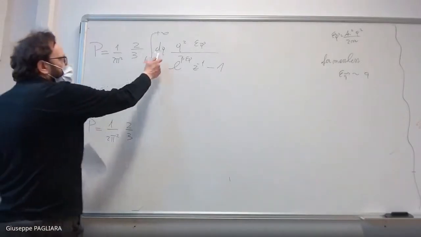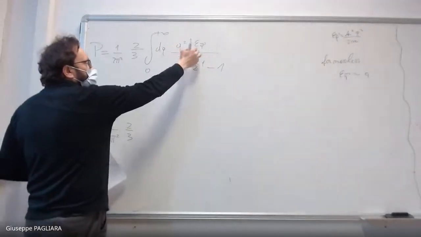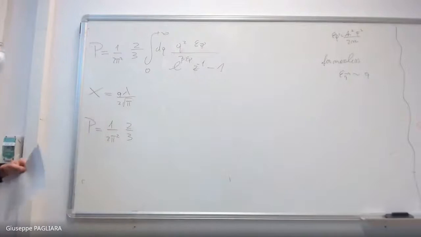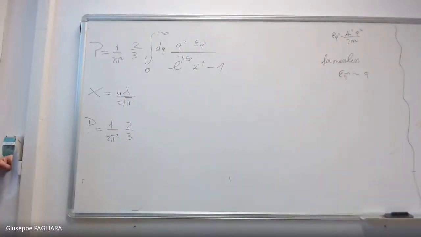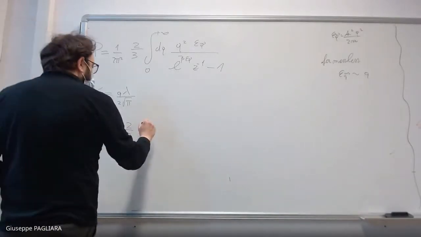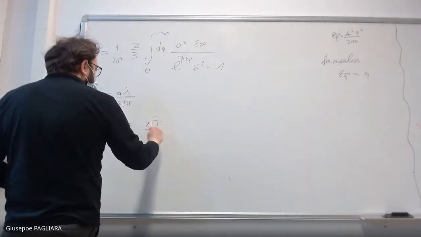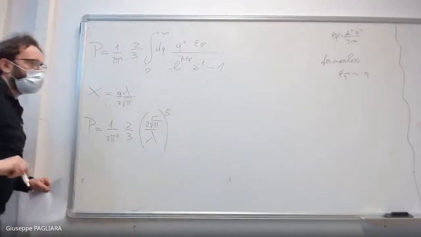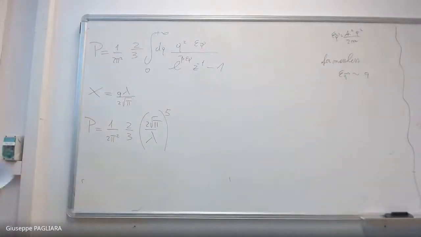Here you have one q, two other q, and then epsilon q, I have two more q, which is in total a power of 5. And when changing variable, I should get this 2 square root of pi divided by lambda to the power of 5. I'm computing the prefactor.